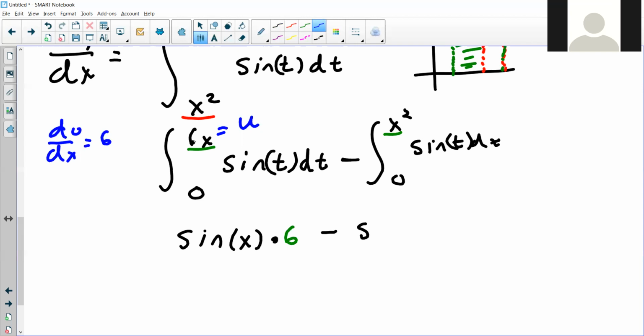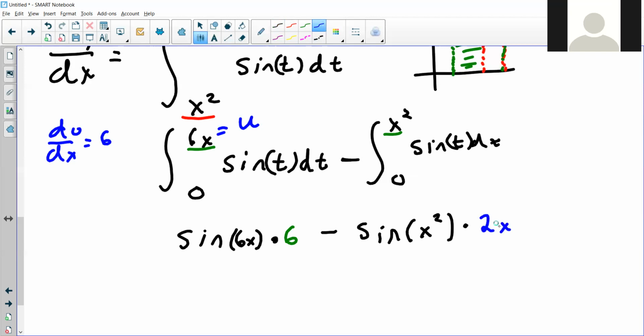Oh, is it actually 6x in the middle? It's probably actually 6x, that makes sense. It should be whatever's here, my bad. So sine 6x times 6. Thank you for catching that. You just plug in what's here, that's all. And in the second one, you're plugging in x squared as is, but you have to multiply by the derivative.